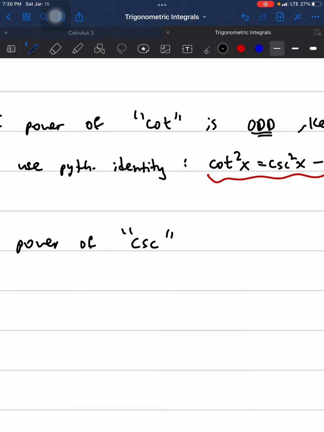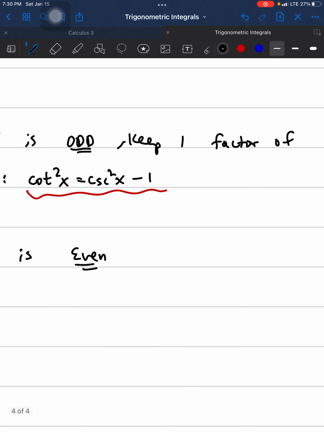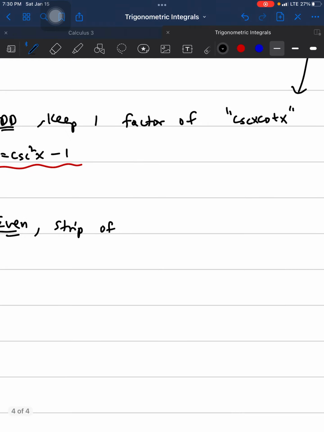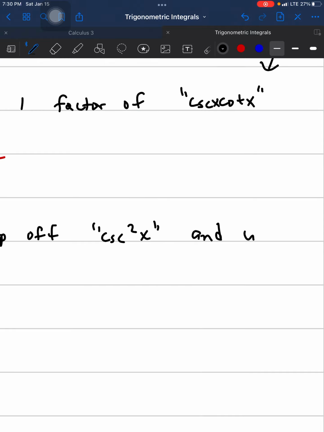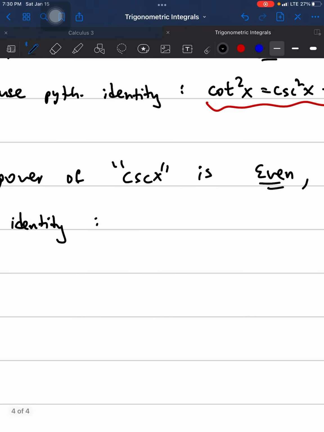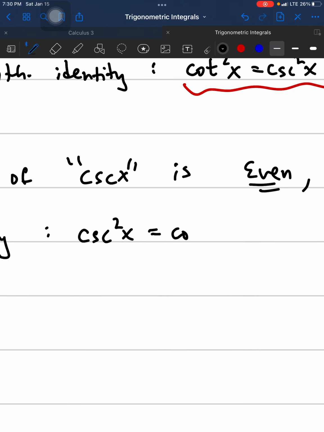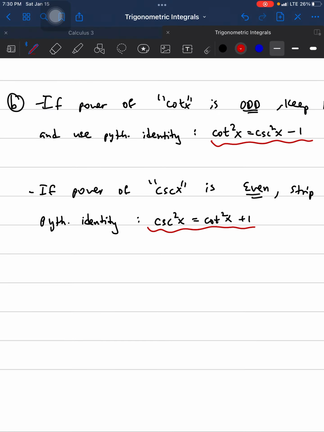If the power of cosecant x is even. Now when cosecant x is even, now we have to strip off a cosecant squared x and use the Pythagorean identity cosecant squared x is equal to cotangent squared x plus 1.